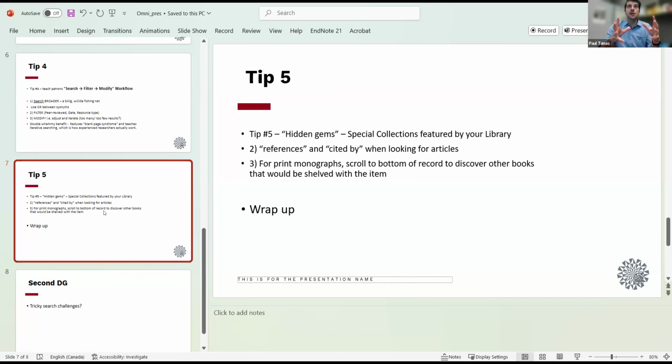So you might want to, they're indexed within OMNI, but you might want to use this shortcut and point them directly to that pool of resources, instead of using the search interface in OMNI.